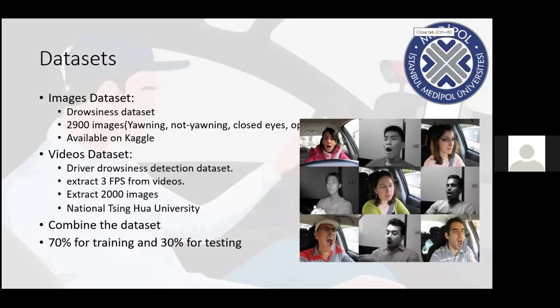We use two different types of data set for this work. The first one is the images data set, and the second one is the videos data set. The images data set is named driver drowsiness data set, which is publicly available on the Kaggle website. It contains 2,900 images of four different categories: yawning, not yawning, eyes closed, and open eyes.